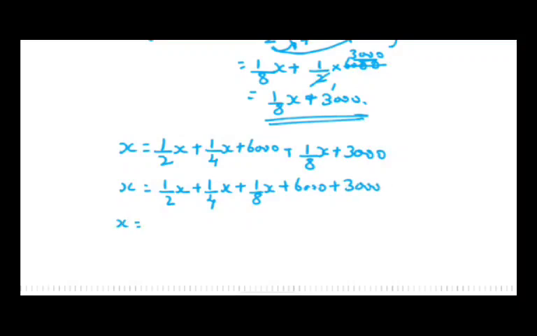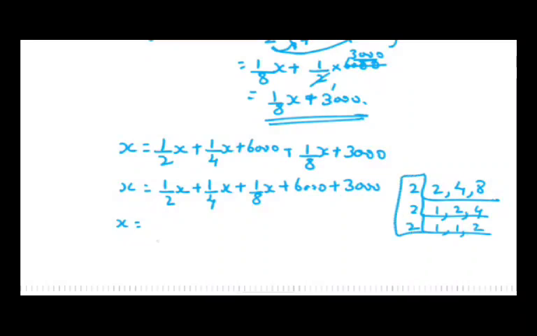So x is equal to, the LCM of all of these is going to be 8. 2 into how much is 8? 4. So the numerator is also multiplied by 4. 4 into 2 is 8, so this also multiplies by 2.